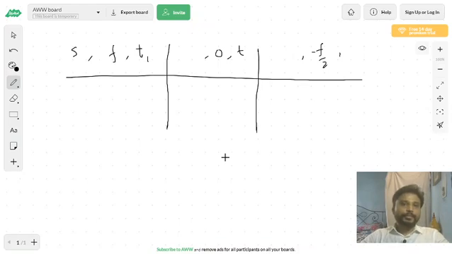The idea is that we want to analyze what the question is. The question says that a particle first accelerates to some speed, then it travels with a constant speed for time t, and then it slows down at a rate which is half of the rate at which it gained speed.